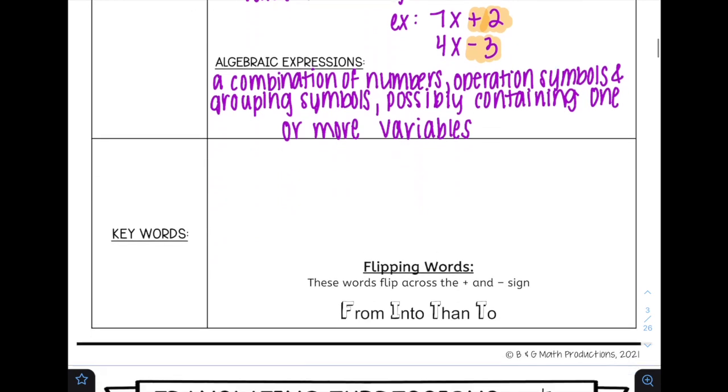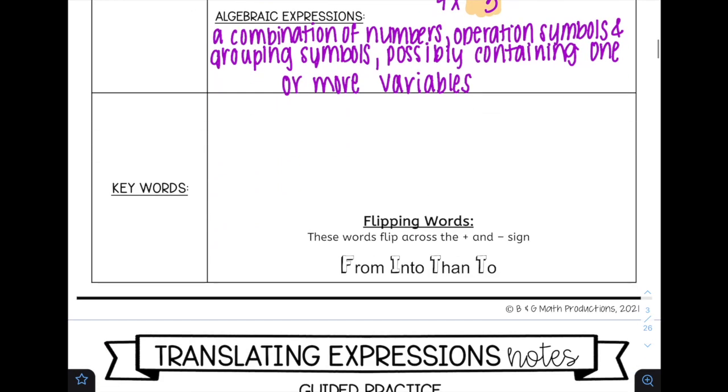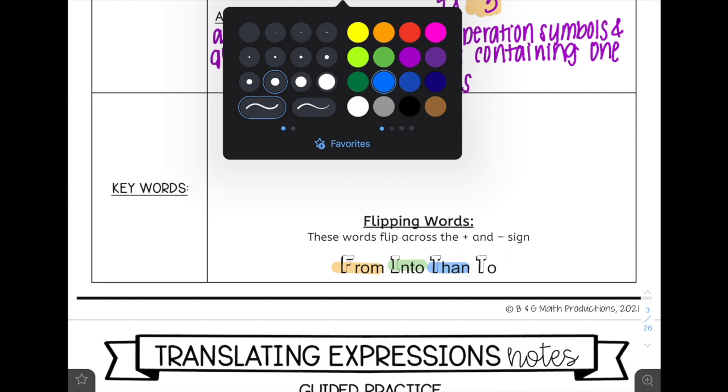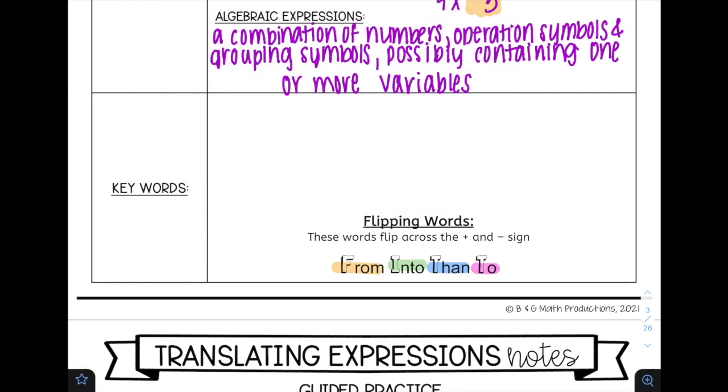But the keywords in order to flip, quote unquote, are going to be from, into, then, and to. From, into, then, to. They're going to be those keywords telling you to switch the order, or indicating where you switch the order.